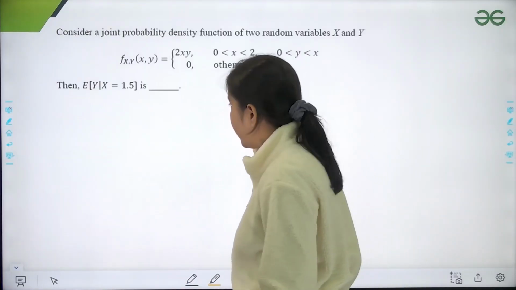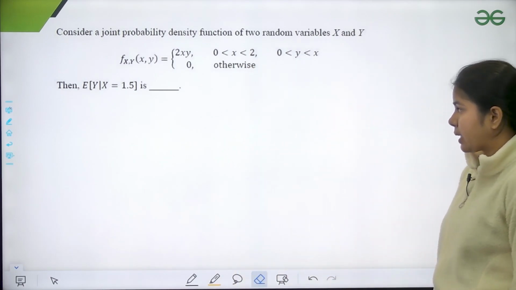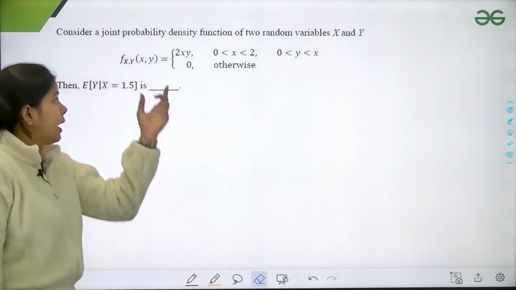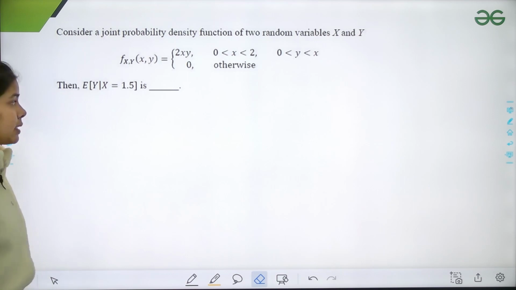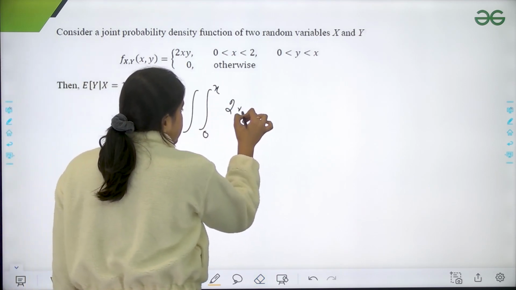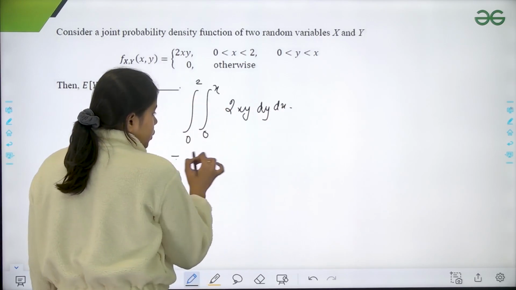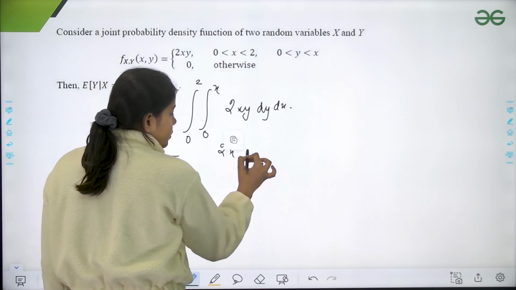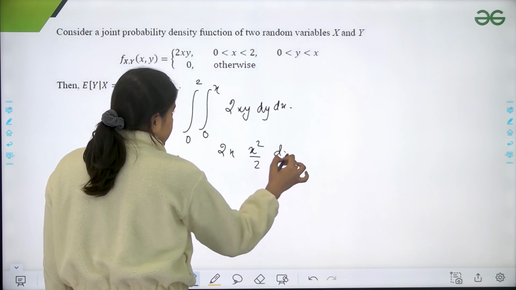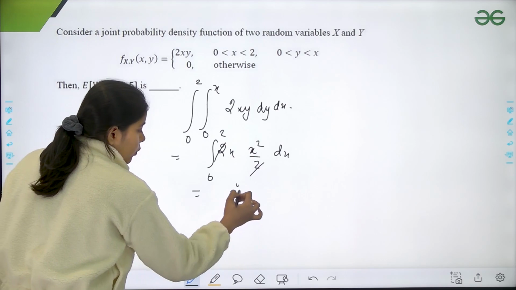Now, the next thing we have here is: consider a joint probability density function of two random variables x and y, and we have been given this f of x, y. First of all, they told me that this is a joint probability density function, but if you integrate 2xy dy from 0 to x, and then dx with x going from 0 to 2, it would give me 2xy squared by 2, that is x cubed. Integrating, 2 and 2 get cancelled, x to the power 4 by 4.